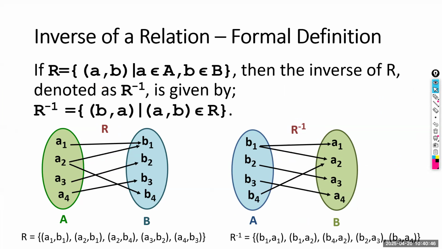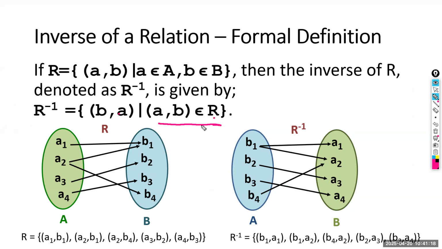This is the formal definition of inverse relation. You must be able to give a formal definition. That is one of the competencies. Then you are an abstract thinker. If there's a relation R from A to B, where a is from capital A set and b is from capital B set, then the inverse of R, denoted by R inverse, is given by b to a, where a to b is in the relation.